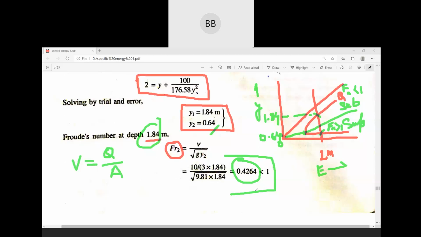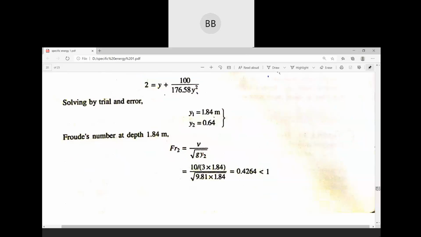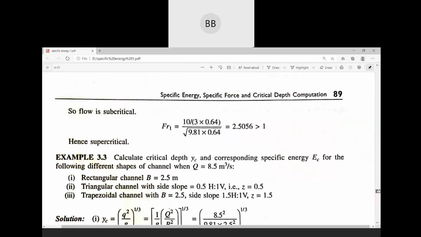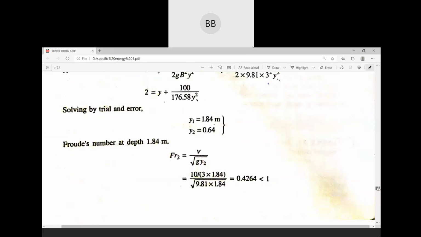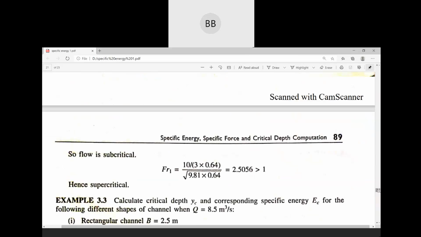Similarly, you can find the Froude number for your other depth, 0.64. You will get 2.5056, which is greater than 1. So this is also correct.